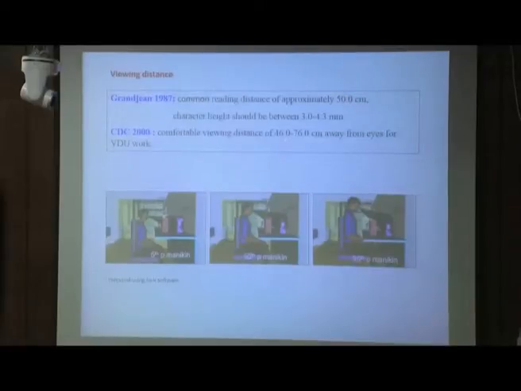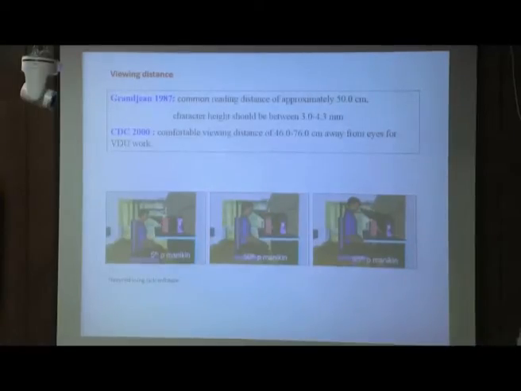For general purpose visual display work, or visual display terminal, or using a computer or laptop, we should position our laptop from the eye at 66 to 76 centimeters away for comfortable viewing. And for neck angle, we have already mentioned that the monitor or display should be positioned below eye level.